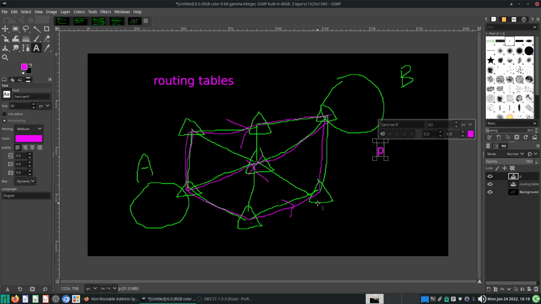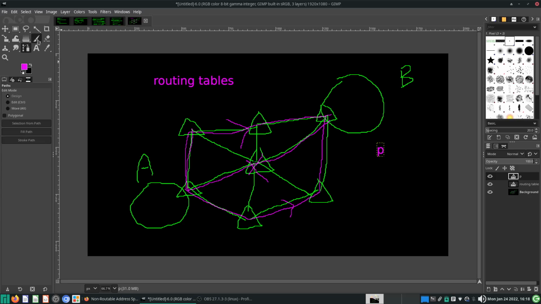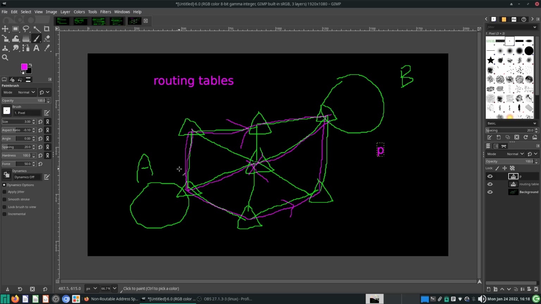Routing tables are algorithms which the routers use. Or rather, let me put it this way. A router will have routing tables to decide what is the best path for a data packet to travel from point A to point B. Routing tables are the way that these routers store the data so that they know which adjacent router to forward the traffic to.